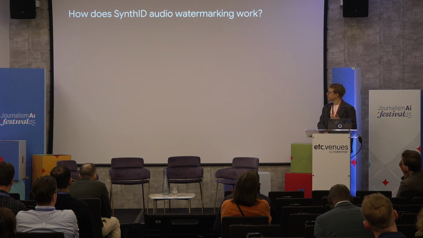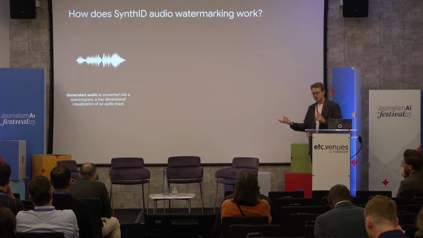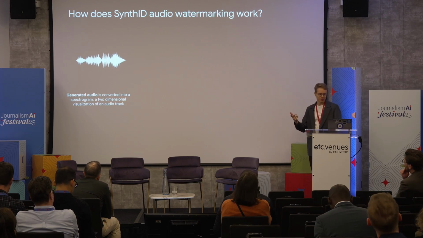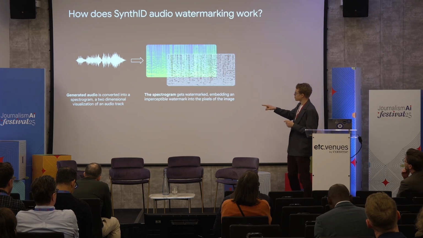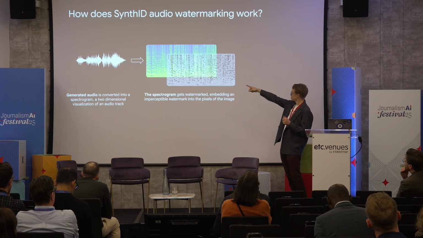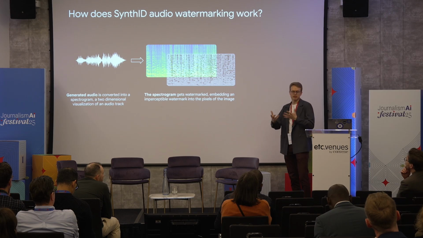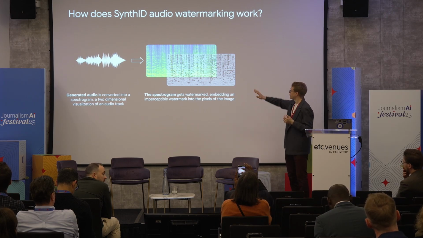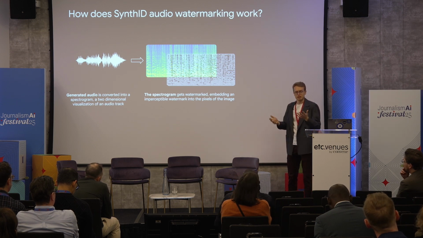Audio watermarking works in a similar way. We obviously start with a generated audio track. The similarity comes in as we transform the audio track into a spectrogram, which you see here. A spectrogram is simply a 2D representation of a song. So basically, you can represent a song as an image, essentially, and the image contains all the information you need to play the song afterwards.